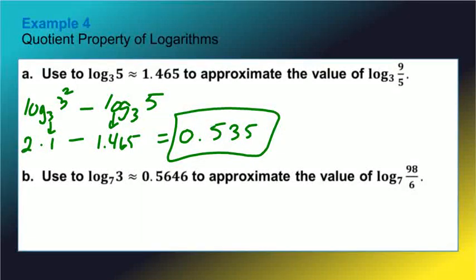And letter B, use log base 7 of 3 to be about 0.5646 to approximate the value of log base 7 of 98/6. So I would have log base 7 of 98 minus log base 7 of 6.